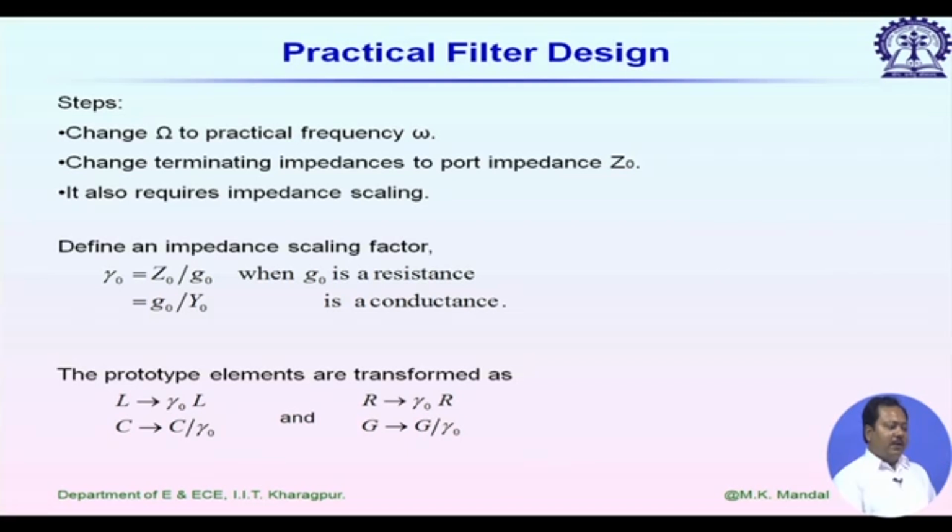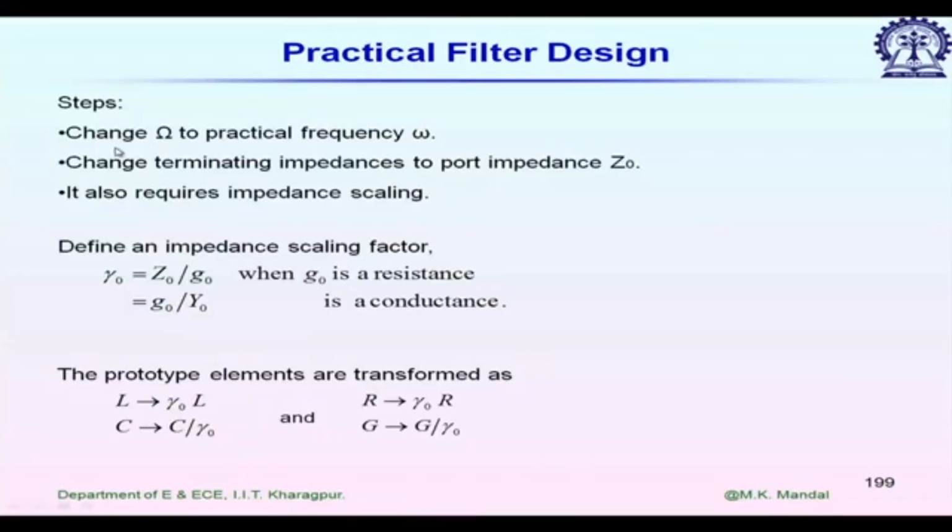Now, practical filter design. Let us say we already have the required g parameters. We now have to find out the actual L and C values, because the g parameters are normalized values given in the chart. For that we have to use some sort of impedance transformation.